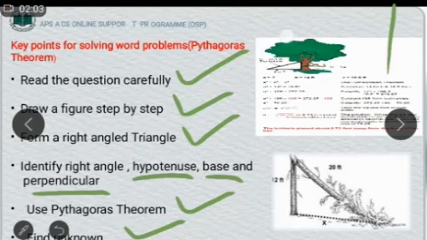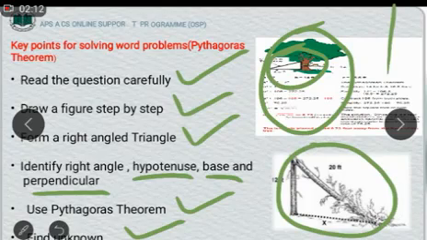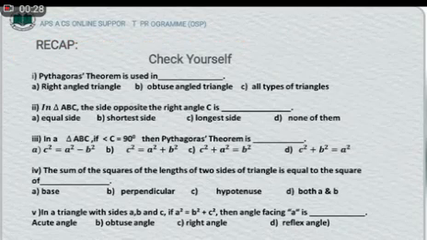Now you can see these are the examples, and you can see here is also a right angle triangle. This is also making a right angle triangle. By following these key points, you will be able to solve word problems properly and correctly.